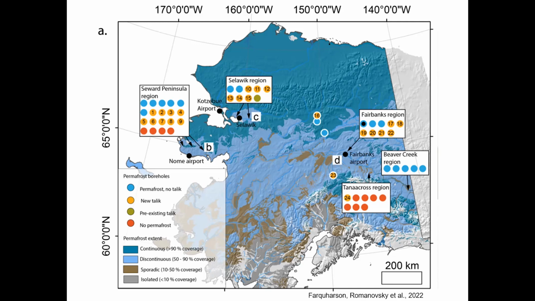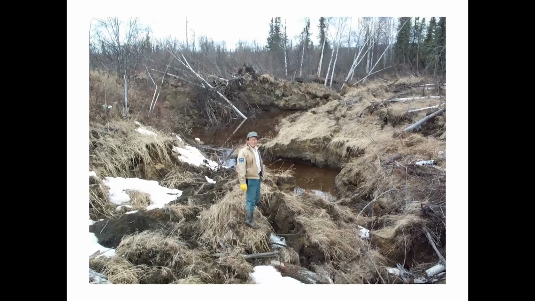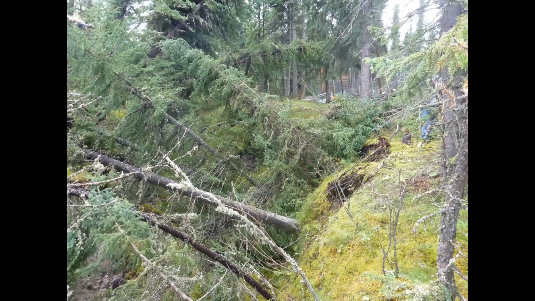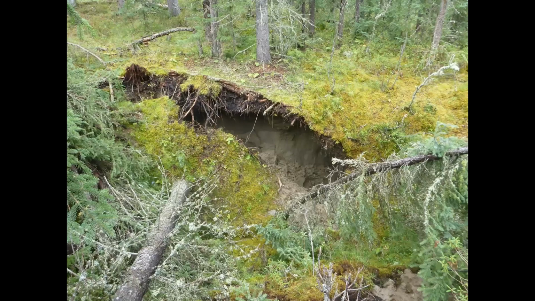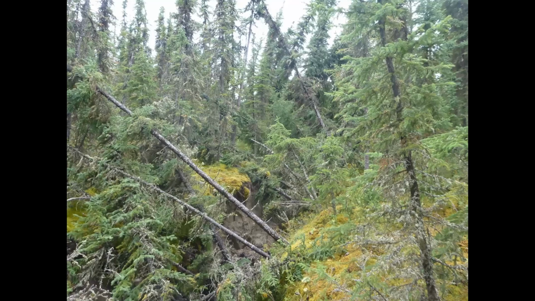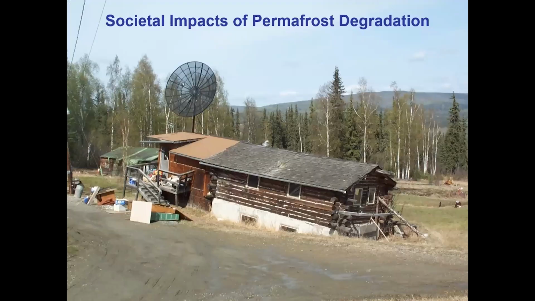And just a few photos to illustrate, Utqiagvik again on this picture. So that's how degrading ice wedges look around Fairbanks. It's a little bit more dramatic because there are some trees on top, sometimes houses on top. And the last one is a house.